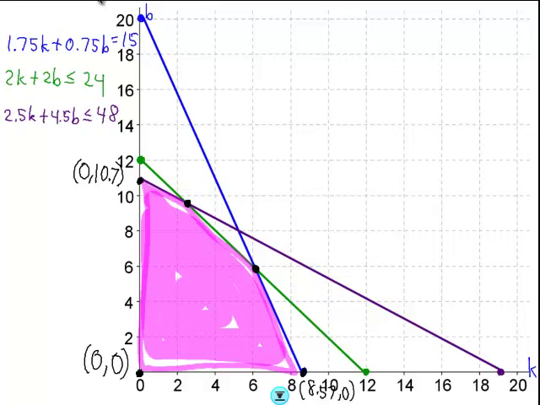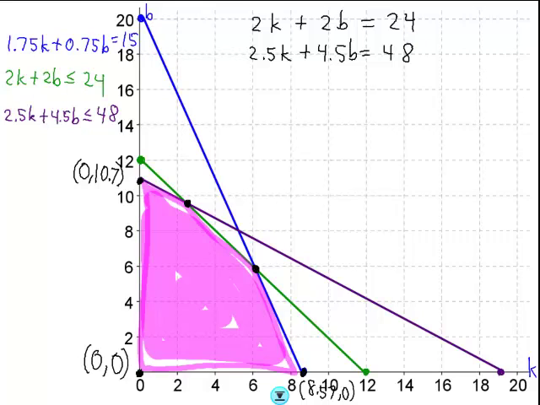So the purple and the green. They're both written over here. I'm going to rewrite them. 2k plus 2b equals 24. I'm not worried about the inequality sign. And then 2.5k plus 4.5b equals 48. Okay, what we need to do now is eliminate.